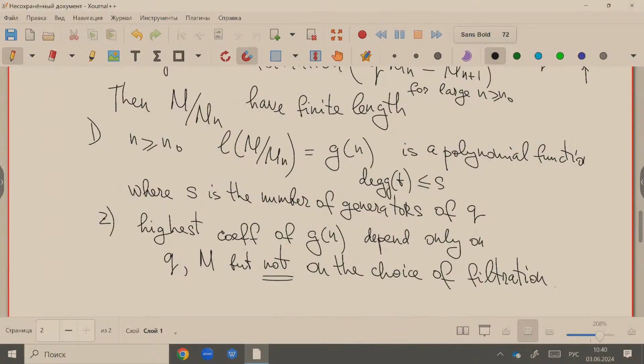So it tells you that you have this bound, and then automatically the highest coefficient will be fixed.